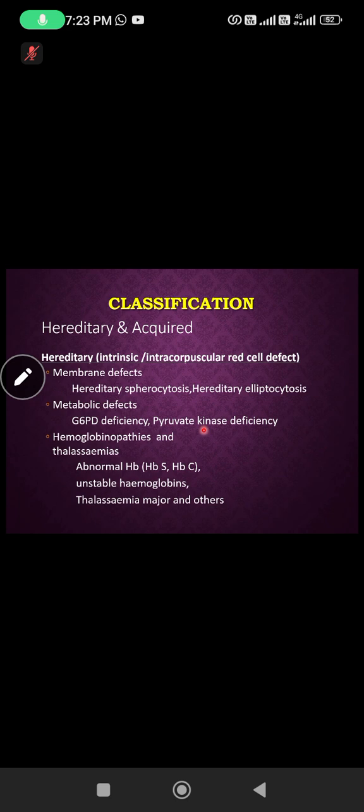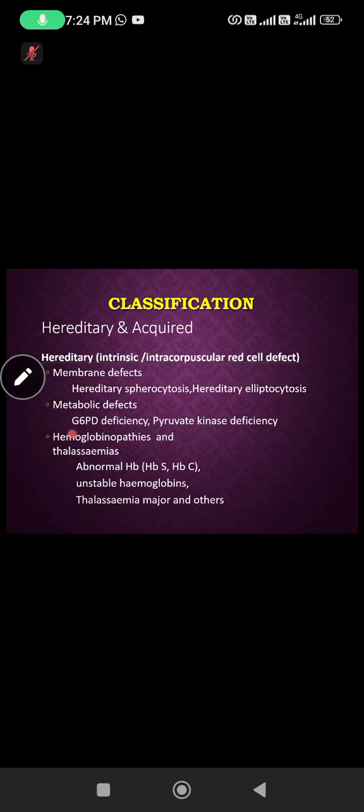So it results in accumulation of sodium and dehydration of red blood cells, again causing structural change. This structural change is the triggering factor for macrophages in the RE system to identify such cells as abnormal and destroy them.